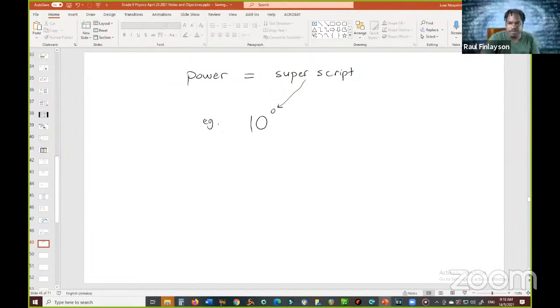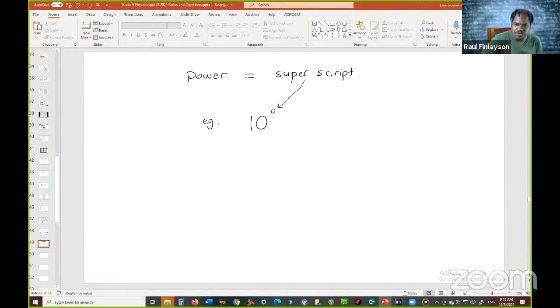All right, so 10 raised to the power of 0. Let's talk about this now. A 10 with no power is actually a 1.